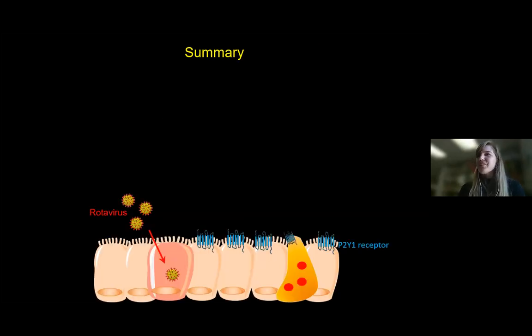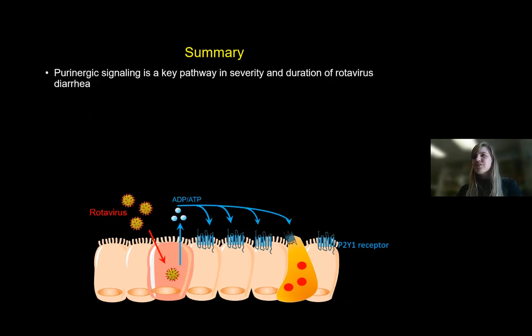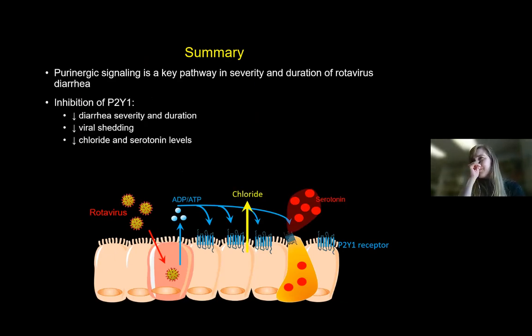So to reiterate what Fran so eloquently talked about earlier, I hope the main takeaway for today is understanding that this purinergic signaling, and especially P2Y1 in the context of rotavirus infection, is a key pathway in the severity and duration of this diarrhea. By inhibiting P2Y1, we can decrease diarrhea severity as well as duration.